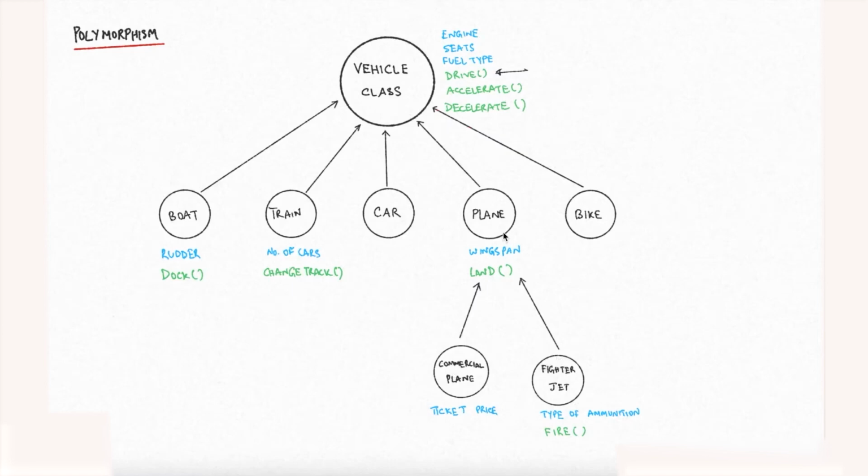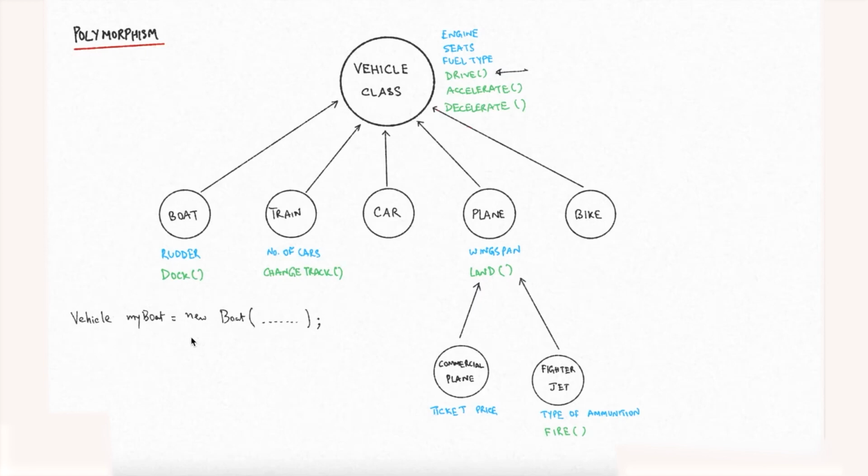So if we are instantiating a boat object, we can say this. This is the boat constructor, the new keyword, this is the name of our object, and this is the type of the object. Because vehicle is a parent of boat, when we are creating a boat object, we can define its object type as vehicle.